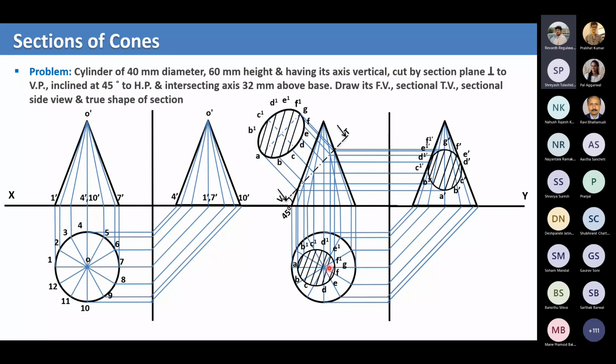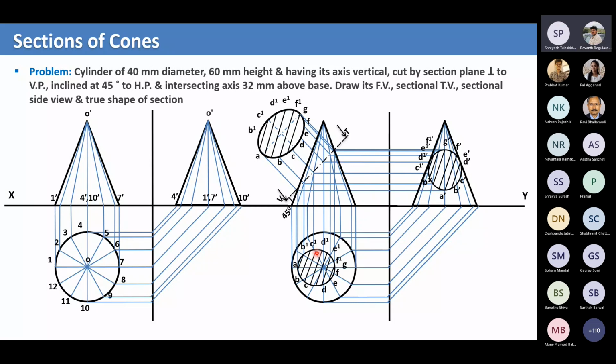So how do you get a section here? There are a couple of ways to get the points. You observe these points D1 and D. These are the points which are on the exact coinciding line. To get these points, either you can follow the arc method, or you can get the side view point, and then draw a vertical here and project it like this.